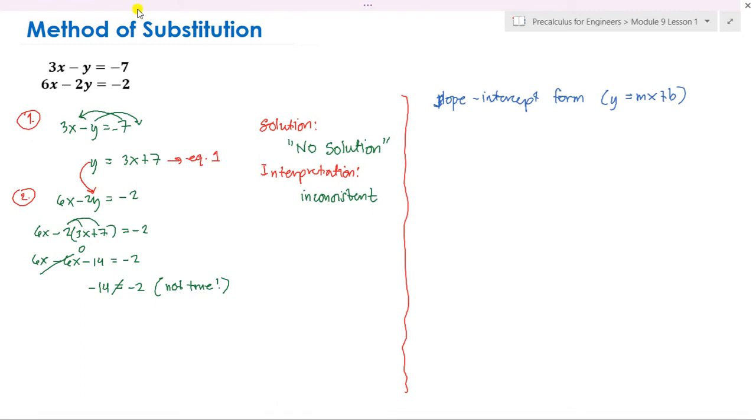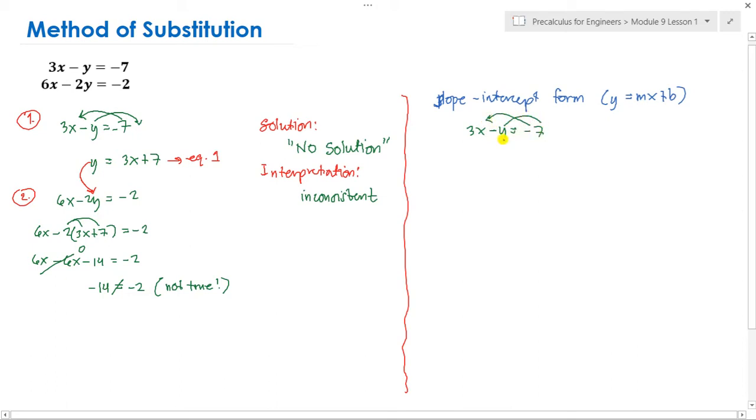Now, for the first equation, the given would be 3x minus y is equals to negative 7. Transposing y to the other side, we now have y is equals to 3x plus 7.